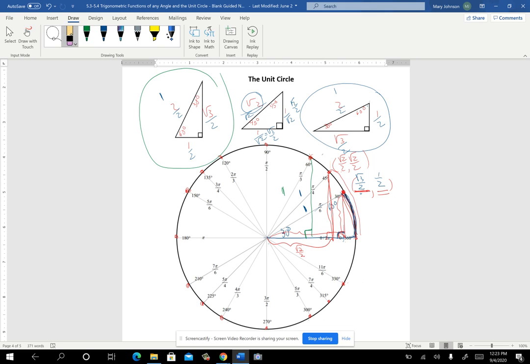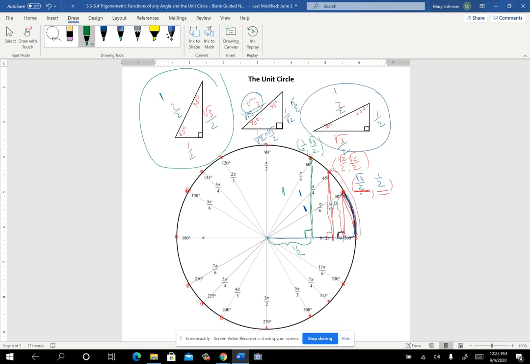Let me erase some of these marks that went with the other part. Then that means this piece of the triangle would be 1/2, and this piece of the triangle would be the square root of 3 over 2, wouldn't it? So that means the x coordinate should be 1/2, and the y coordinate should be square root of 3 over 2.